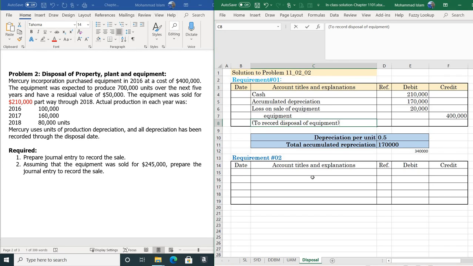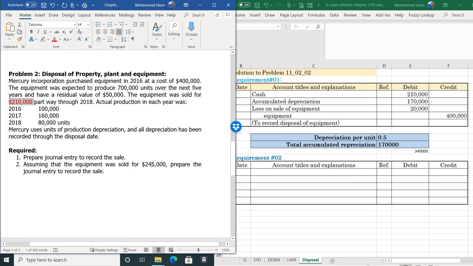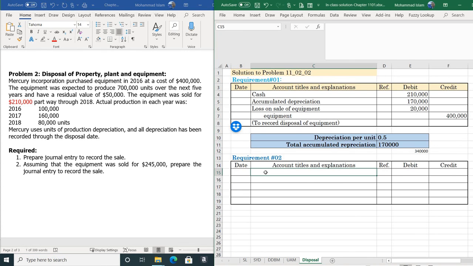Disposal of equipment. Now requirement 2, assuming that the equipment was sold for 240,000. It should be easier. We have already calculated the accumulated depreciation, 170.